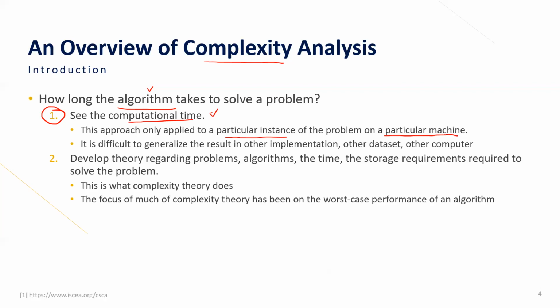Even computers of the same brand, let's say using an Intel CPU but with different series, will give you different computational times. So it is not wise to compare the computational time of your algorithms, moreover if you run them on different machines. There is a way to do that, but it's a more advanced topic. You can see it in the papers later.